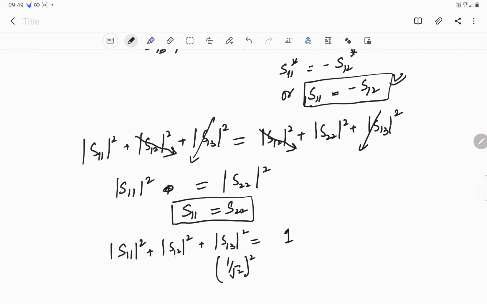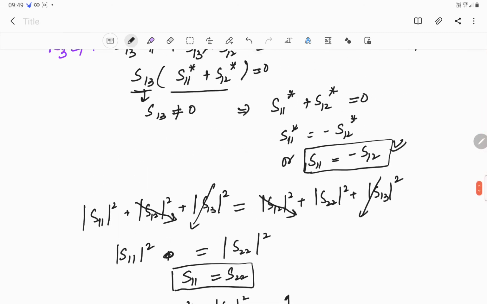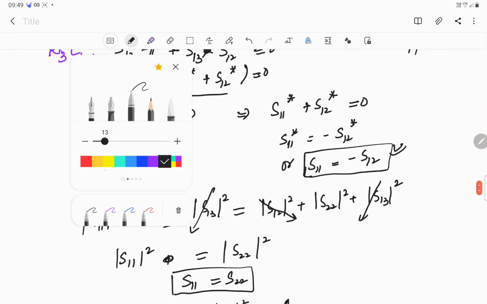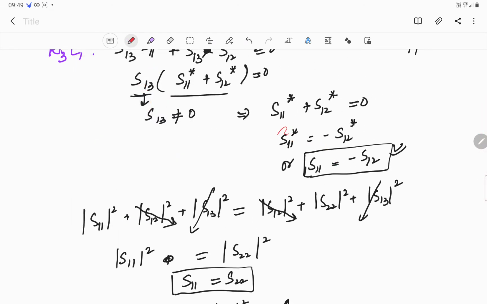Now S11 and S12 we have also seen here. S11 conjugate is minus S12 conjugate. So that means magnitude of S11 is same as magnitude of S12.